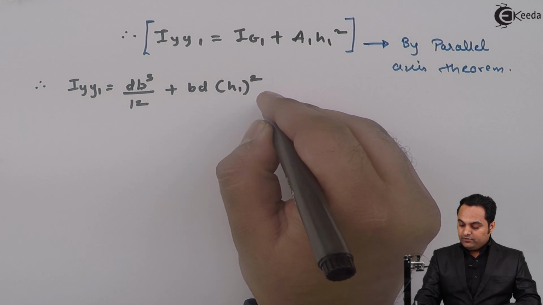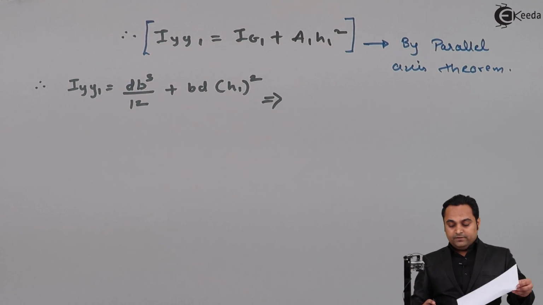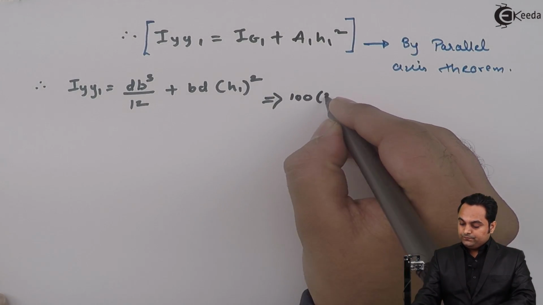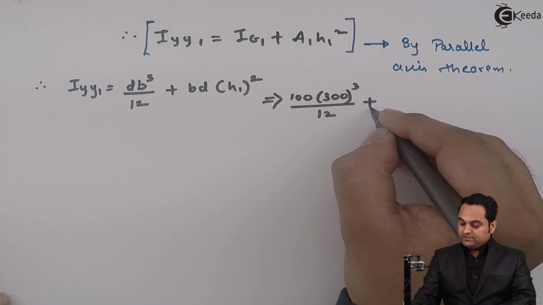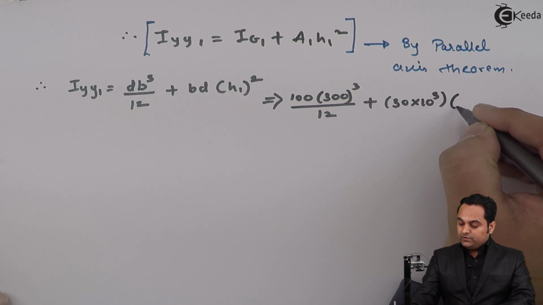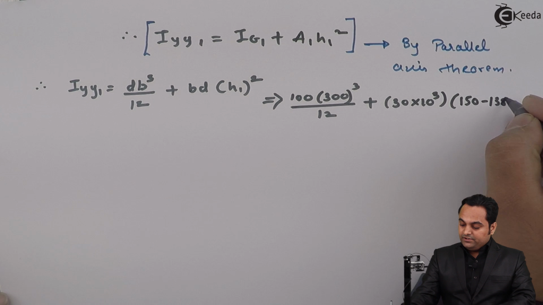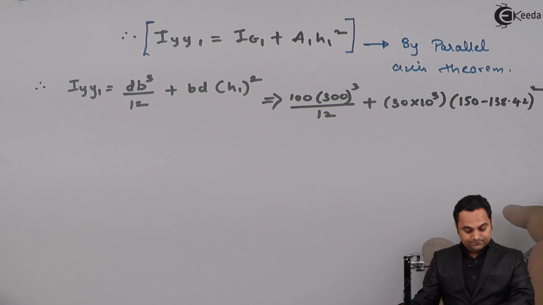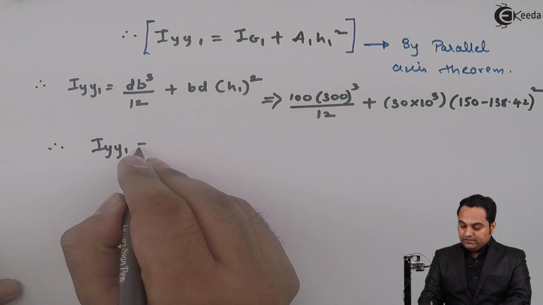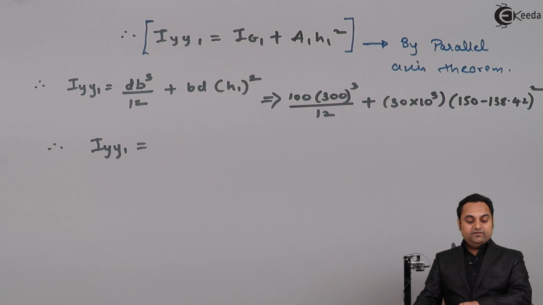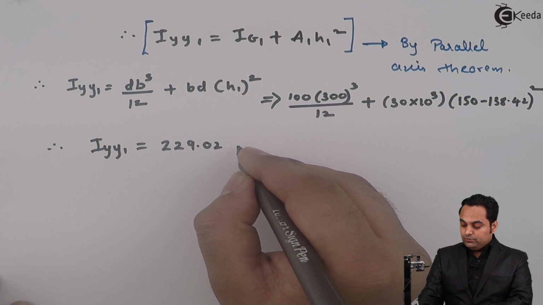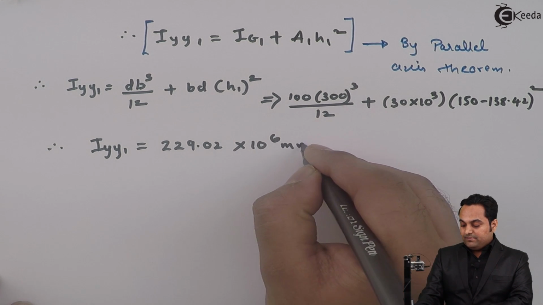So here if I go on putting the values, d is 100, b is 300, plus area was 30 into 10 raised to 3. Now h1 is 150 minus 138.42 square. So if we go on calculating this, the answer of Iyy1 comes out to be 229.02 into 10 raised to 6 mm raised to 4.